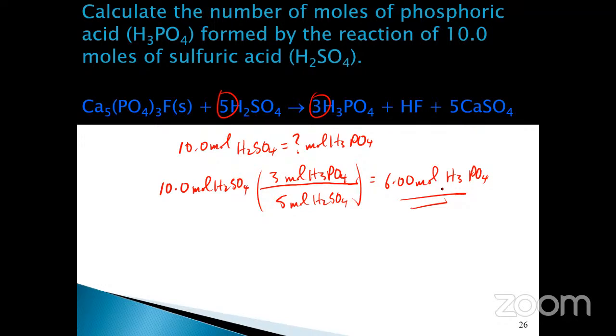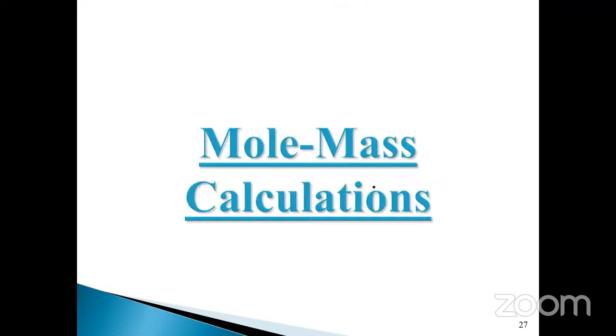All right, moving along. Now, this is where things can be slightly more challenging, because in this type of calculation, what you're going to be doing is starting off with the moles of one substance based on the balanced equation, and determining the mass of another substance, or vice versa.